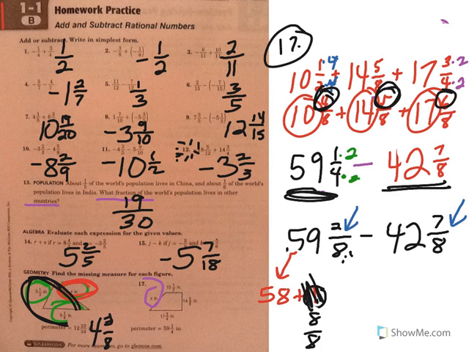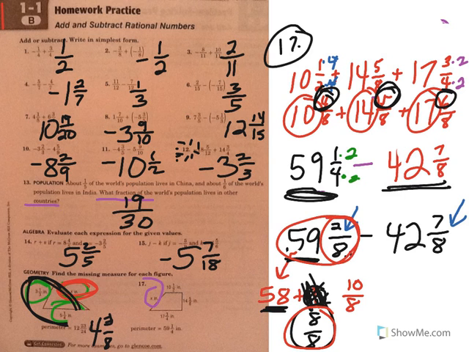So, scratch off the 1. 58 plus 1. I still have 59. Now, take the 8/8 here and combine it with the 2/8 here, giving you 10/8.